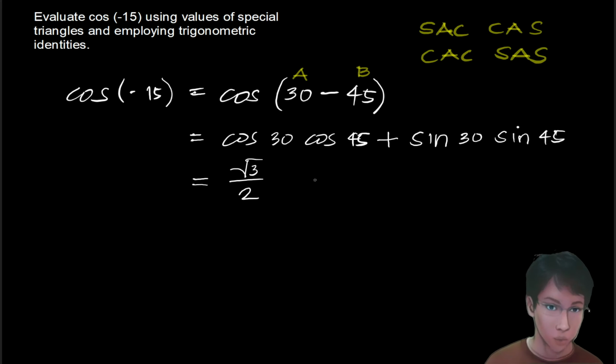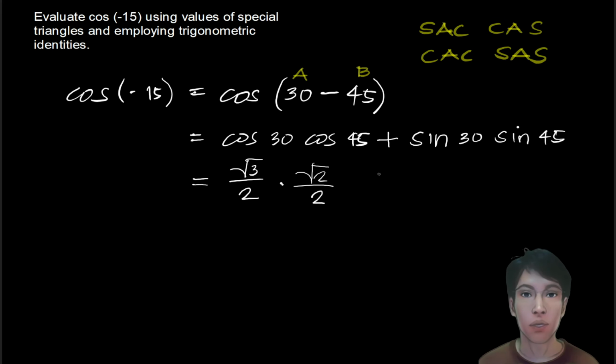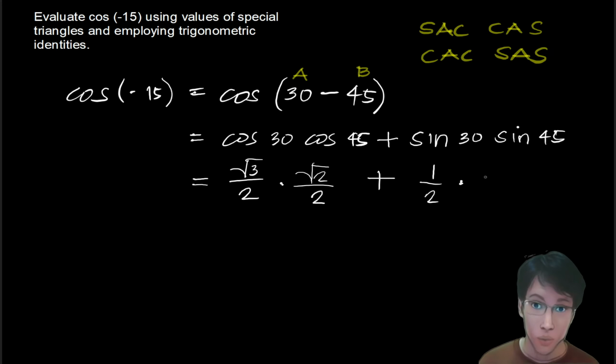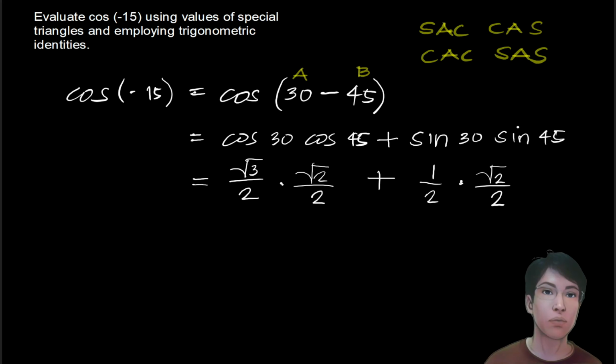And cosine 45 is square root of 2 over 2, plus sine 30, which is 1 over 2, multiplied by sine 45, which is square root of 2 over 2.